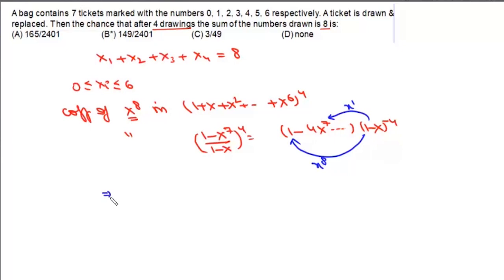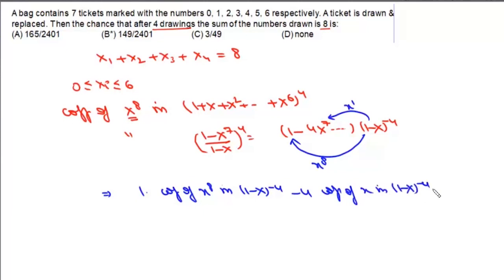So the coefficient of x to the power 8 will be 1 into the coefficient of x to the power 8 in 1 minus x to the power minus 4, and then minus 4 into the coefficient of x in 1 minus x to the power minus 4.